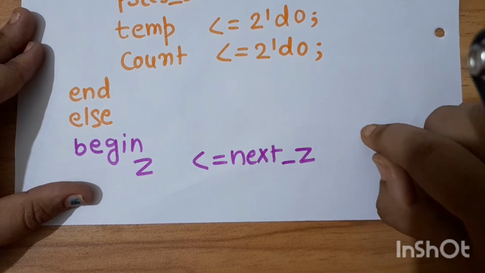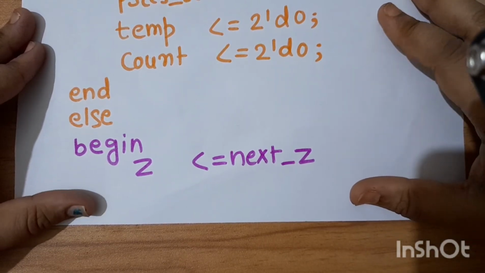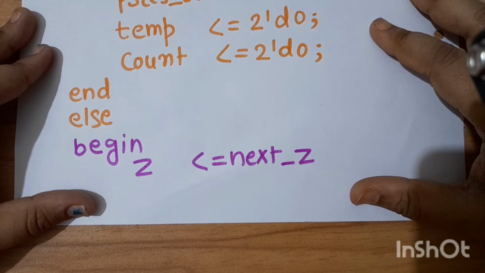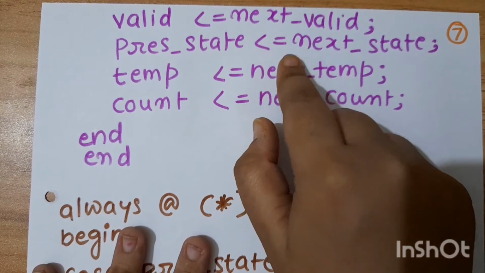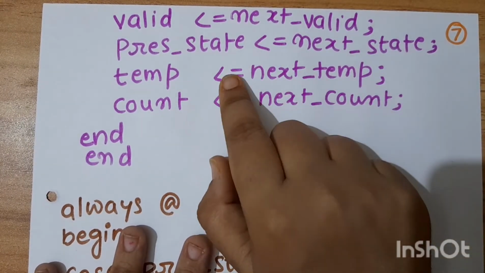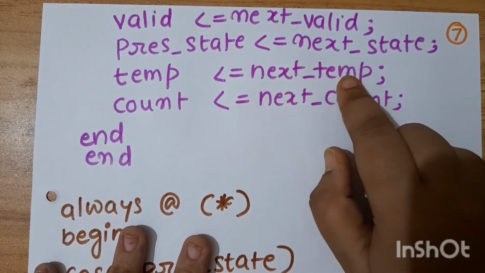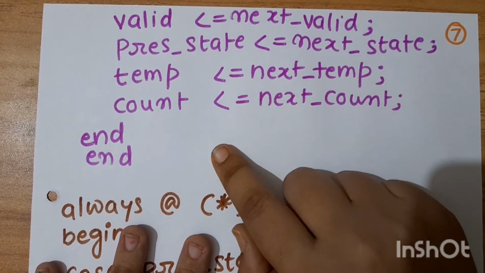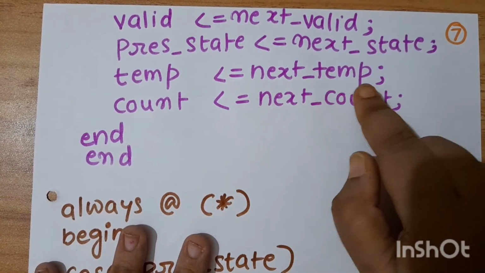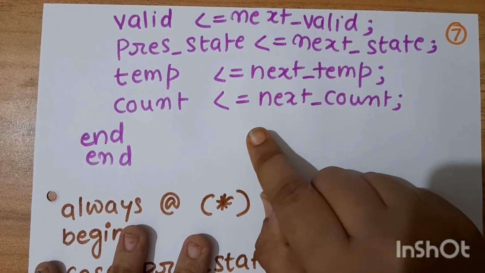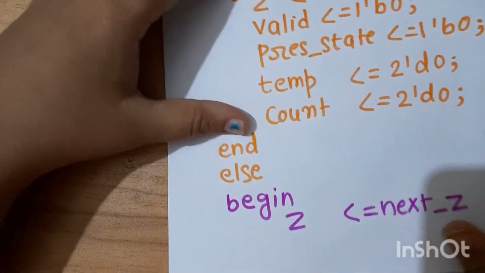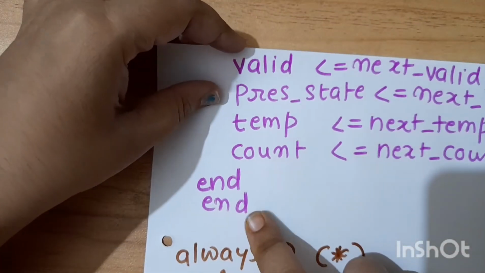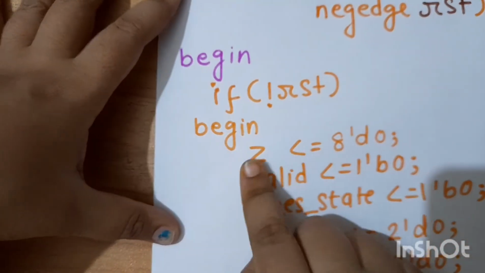Z non-blocking assignment, next Z. So next Z value will be assigned to Z. Valid <= next_valid; present state <= next_state; temp <= next_temp; count <= next_count. So end is for this particular begin statement. Okay, there is another end. This end is for this begin statement.